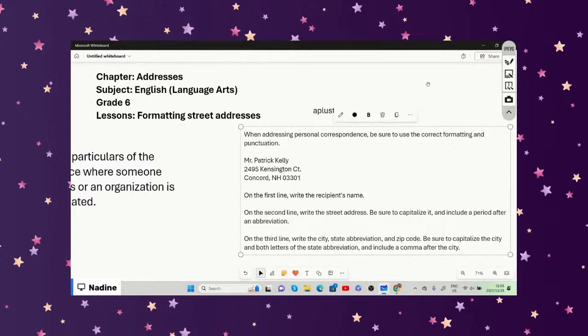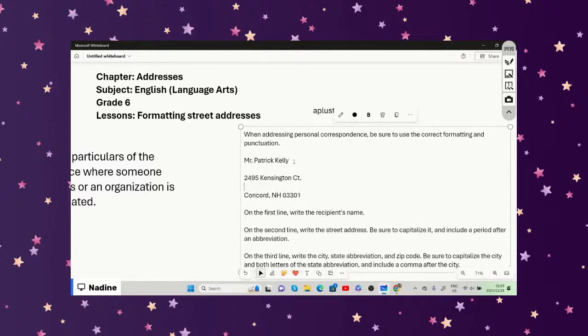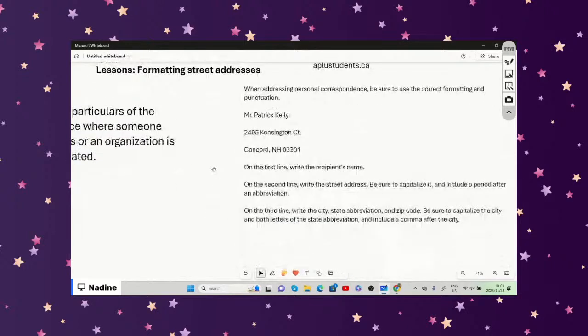If you are writing to Mr. Patrick Kelly, or you want to know the particulars of Mr. Patrick Kelly, then on the first line, as if you are writing a letter to the specific person, you're going to write the recipient's address. You're writing to whoever needs to receive this letter.